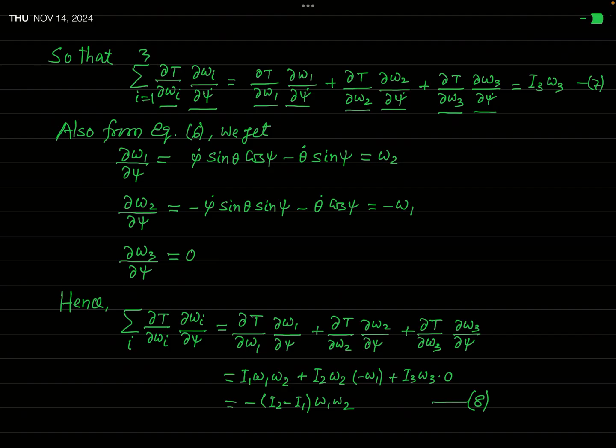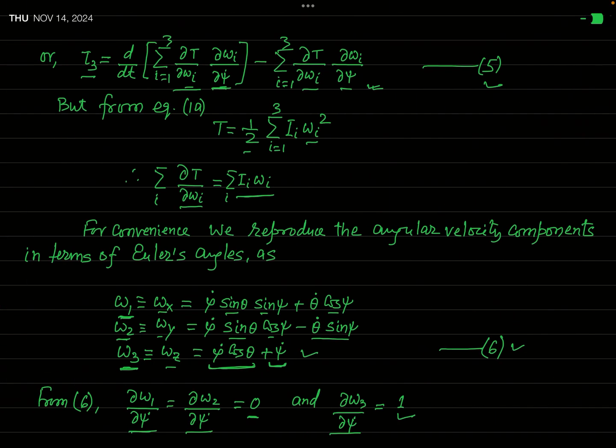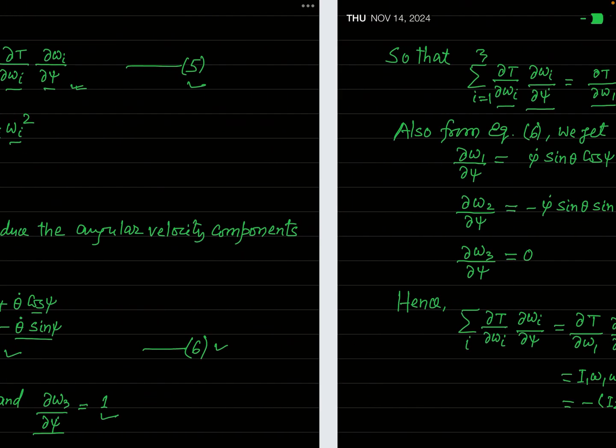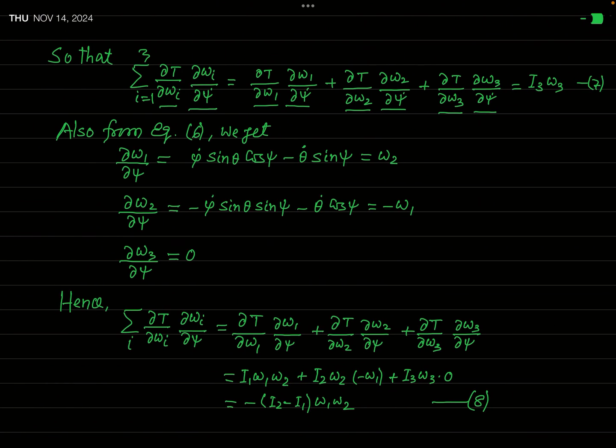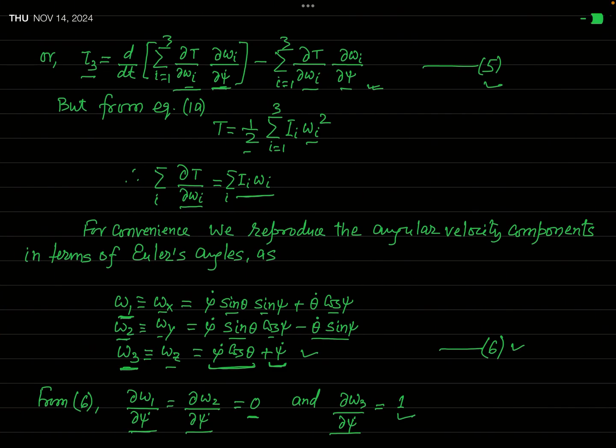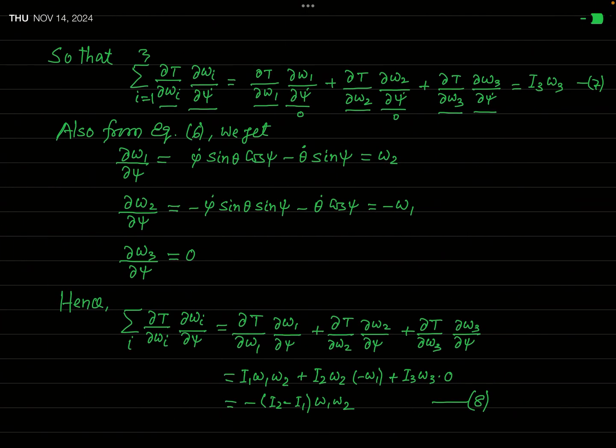But you can see del omega 1 by del psi dot is 0 and del omega 2 by del psi dot is also 0. So the first term is 0, the second term is also 0. But del omega 3 by del psi dot, you can see, is equal to 1.